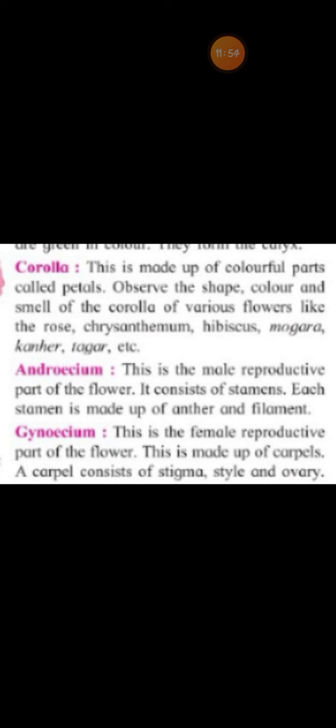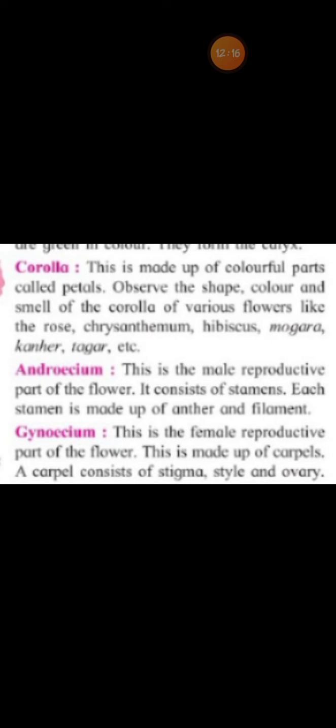Observe the shape, color and smell of the corolla of various flowers like rose, chrysanthemum, hibiscus, mogra, kanher, tagar, etc. Fine, children.